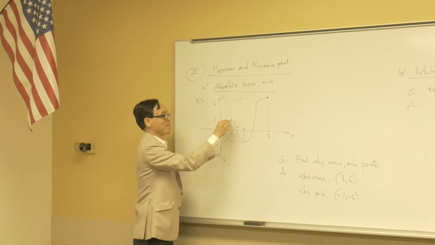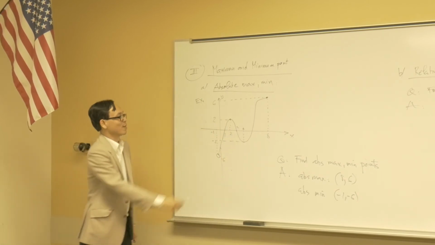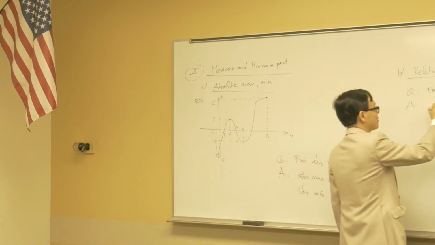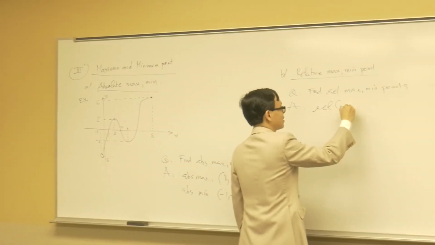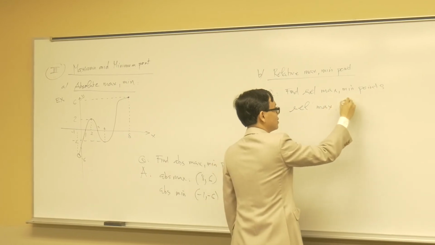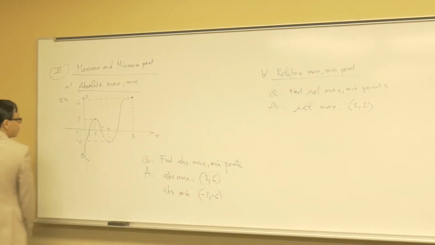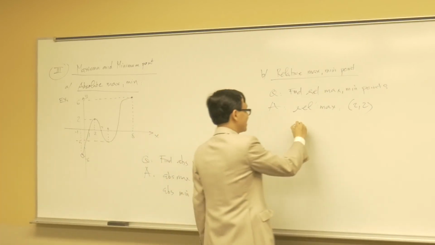So this is the top of the hill, and the coordinate here will be 2, 2. So this is the relative max, 2, 2. Where is the bottom of the valley? 4, -2, sorry. Relative min.